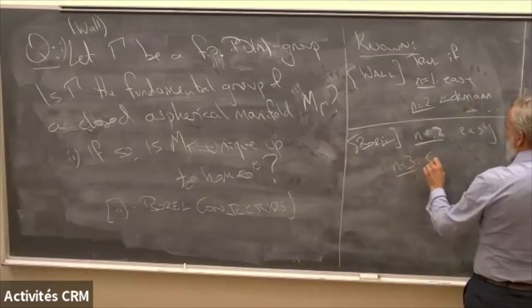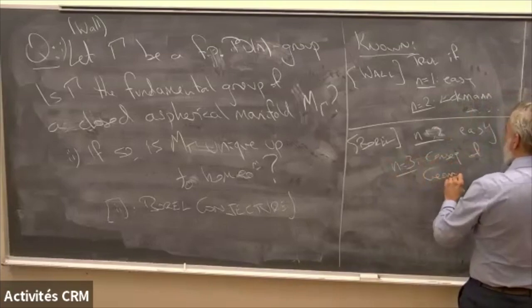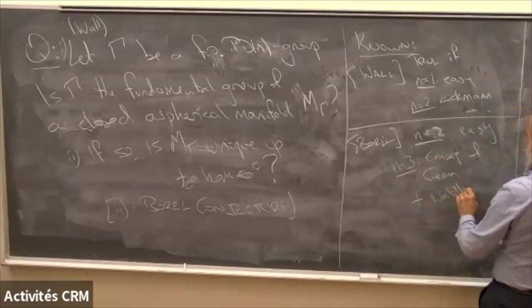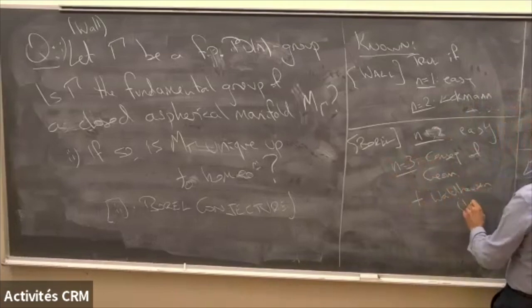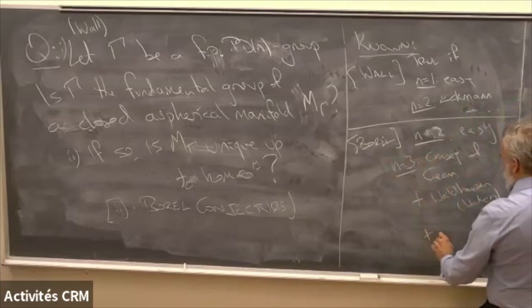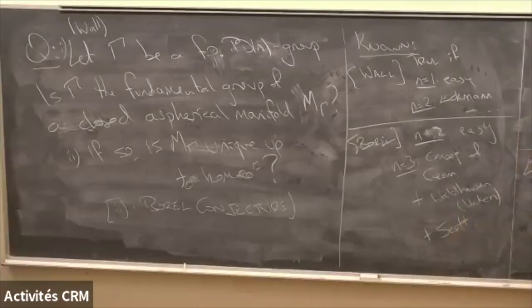N equals 3, this is a consequence of geometrization, plus you need Waldhausen, or rather, Waldhausen already did it for the Haken case. Plus, I think the only other name I need to mention is Scott. There are some non-Haken, non-hyperbolic manifolds. We haven't seen much about them yet.